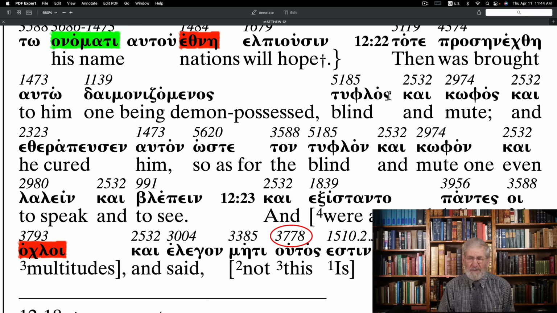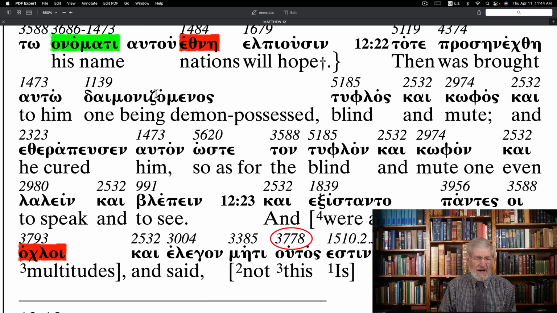In verse 22, "Tote prosenechthe auto daimonizomenos." Then was brought to him one being demon-possessed. Now, exactly what that was like, I mean, it would be horrible. I was a psychiatric technician back in the early 60s at a mental hospital, and I've seen people that were possessed. We didn't call them demon-possessed, you called them mentally ill or crazy, the street term, and they were really not in control of themselves.